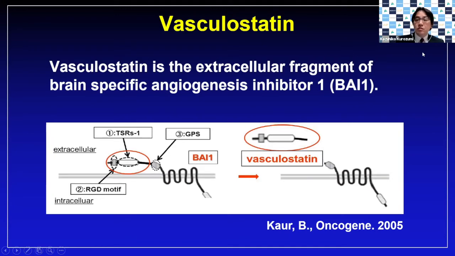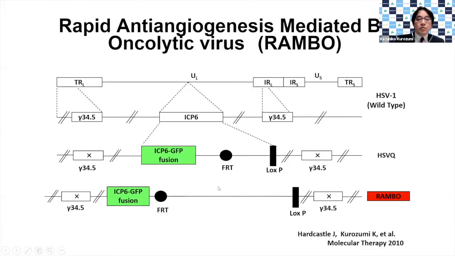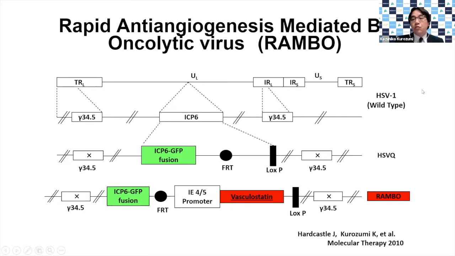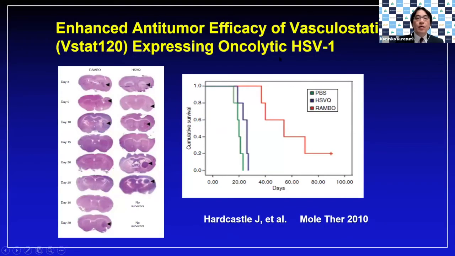We put the vasculostatin into the oncolytic herpes virus, controlled by the IE4/5 promoter. This was called RAMBO. RAMBO expresses vasculostatin. Compared to the conventional virus, RAMBO prolonged survival.